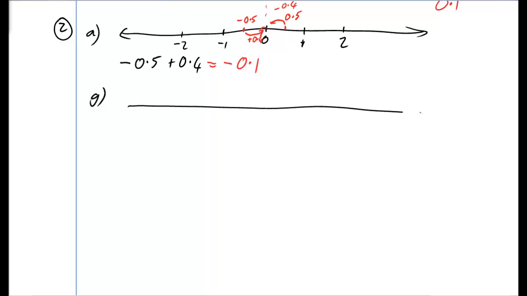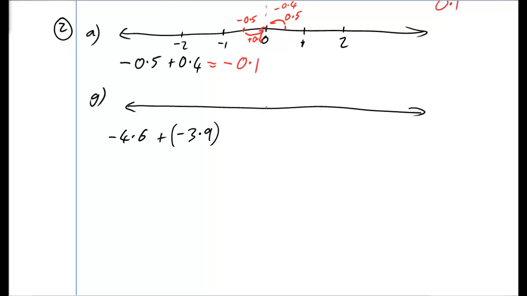Draw a number line. And the sum we're going to do is negative 4.6. This is G on page 77. Negative 4.6 plus the opposite of 3.9.